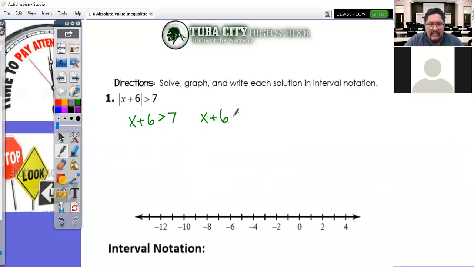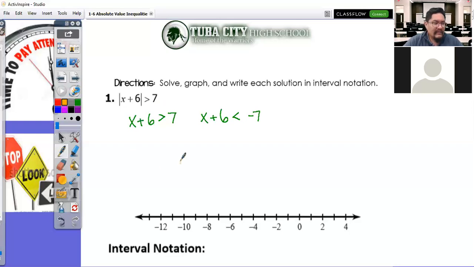So when it says switch, you're switching two things. You're switching the direction of the mouth, and you are also switching the sign of the outside numbers. If there's more than one number, you're gonna have to switch everything. But in this case, we only have one number, and that's 7. So we have to switch that to a -7.